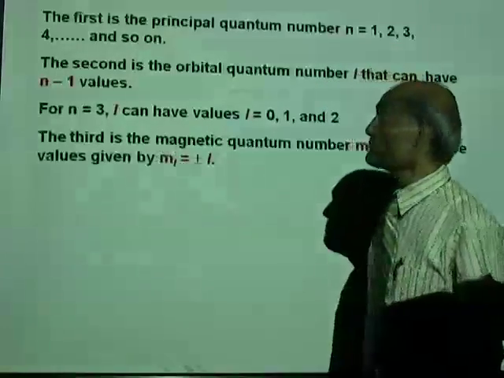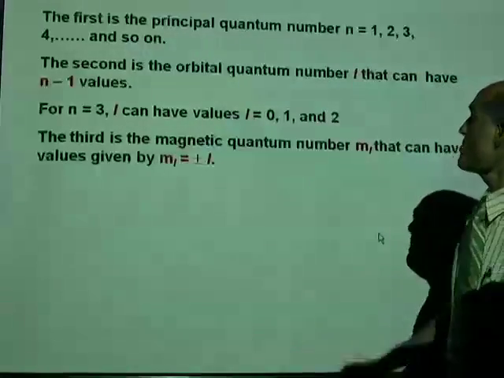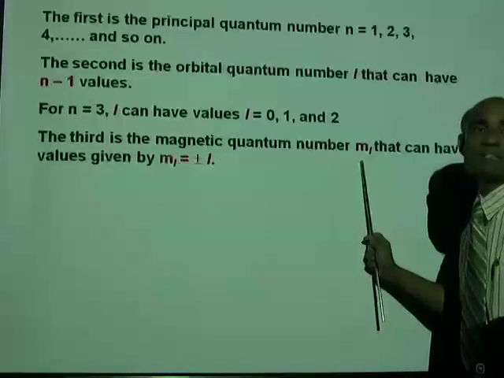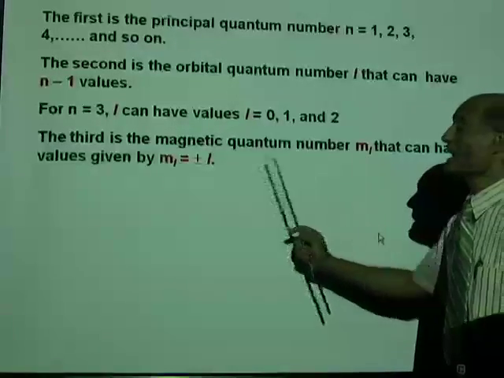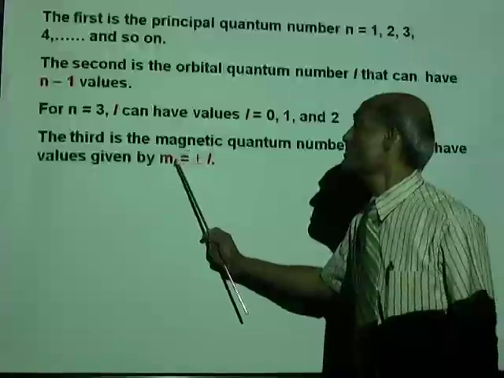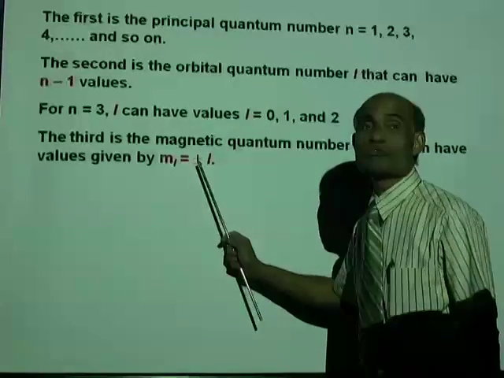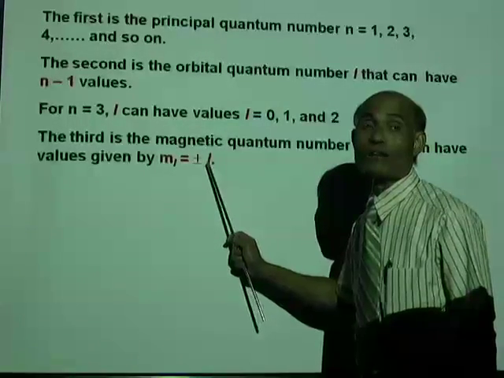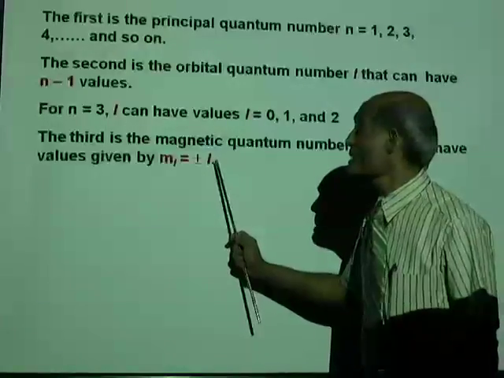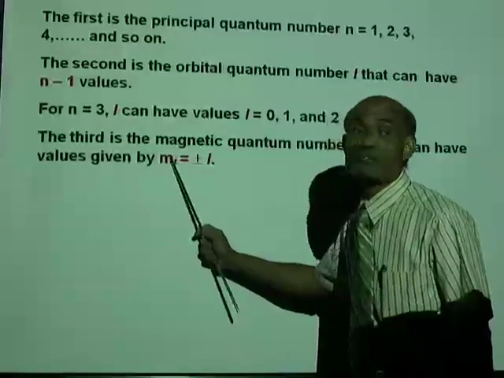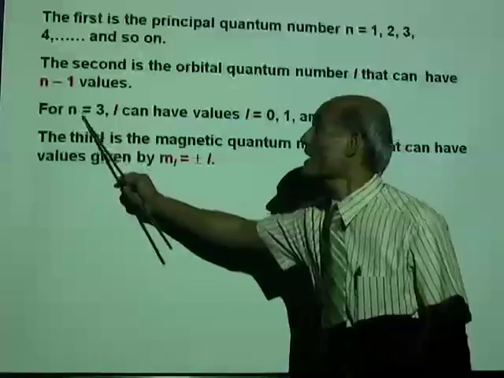Now the third is the magnetic quantum number. We write it as m sub L, and that can have values. m sub L is plus or minus L. So how many m sub L values can there be for n equal to 3?